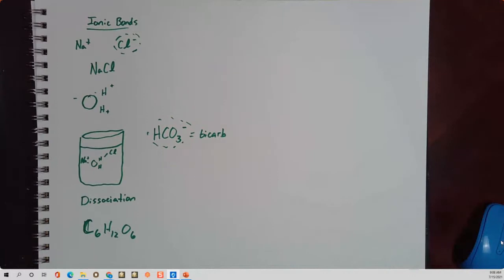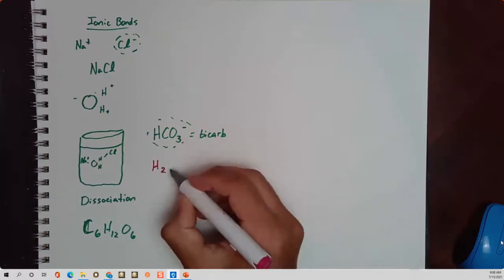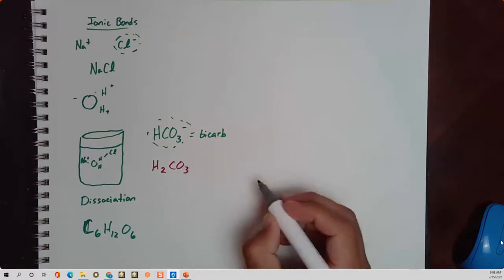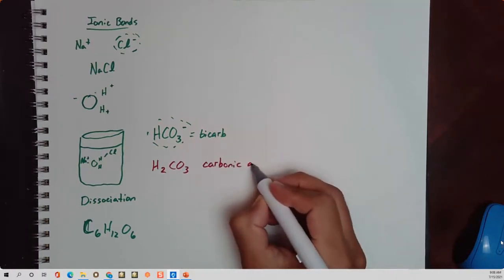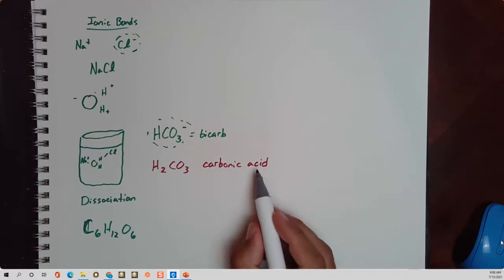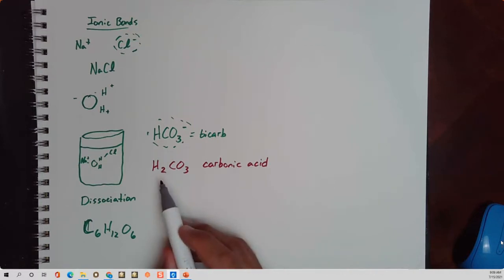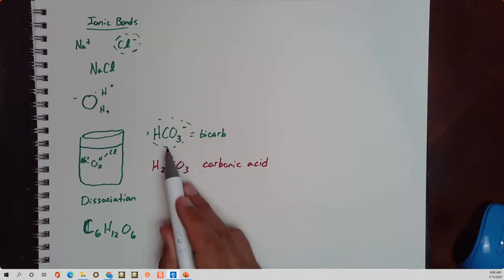Now, what if I have H2CO3? And this is carbonic acid. Acids donate a proton. How can they possibly donate a proton? Because you have in this molecule one hydrogen that is ionically bound to a bicarb ion.